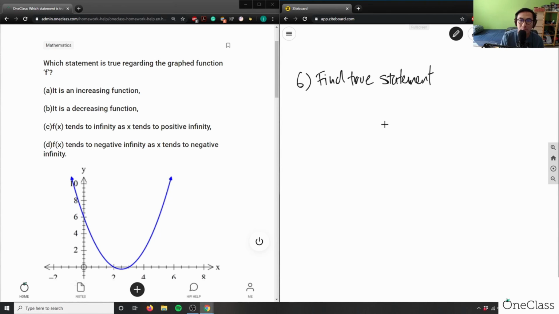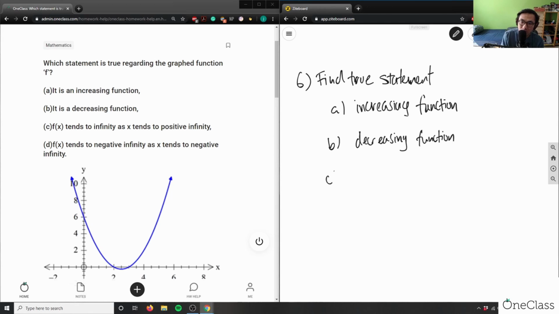So let me write this out. So A here is an increasing function. B here is a decreasing function. C here is, basically it's saying as x heads to positive infinity, f of x also heads to positive infinity.